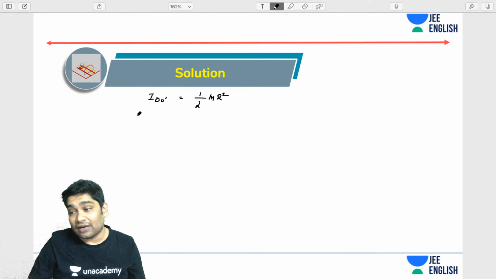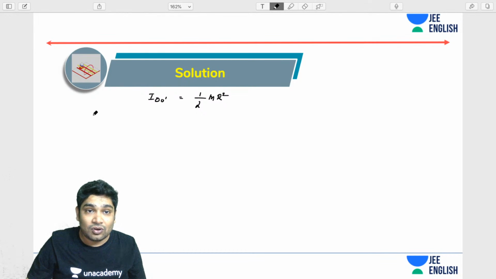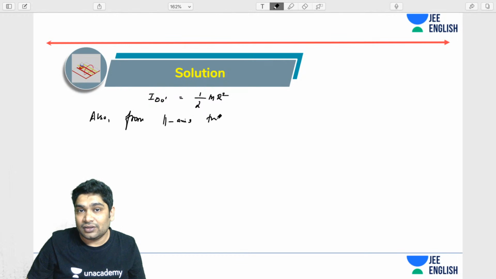And from here I could have calculated ICC dash also from the parallel axis theorem. I will write two equations, one for IO dash, and I can say that IO dash should be equal to ICC dash plus M times (4 by 3 pi) R whole square.